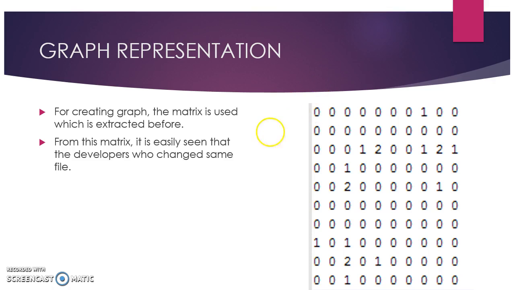For example, the first author, Peter, and, for example, the 8th author, they changed one file in common. And also, these are the costs. And when you see 2 here, for example, the 3rd author and the 5th author changed 2 files in common.